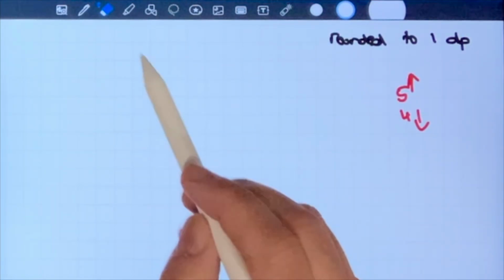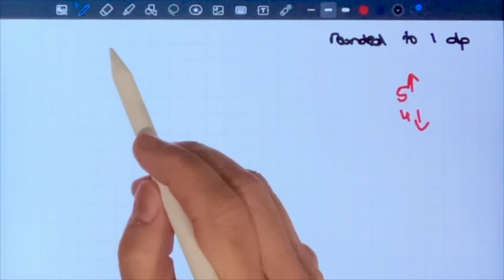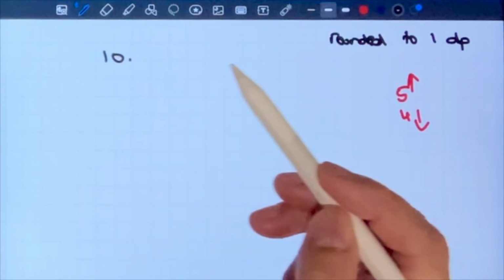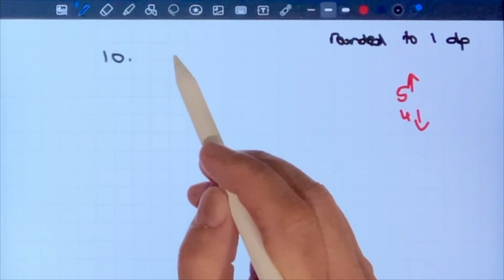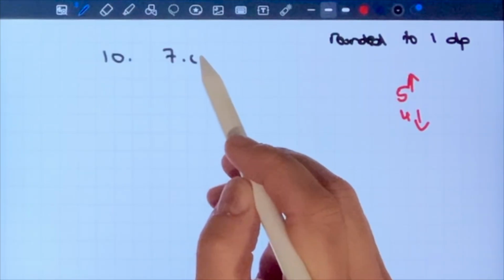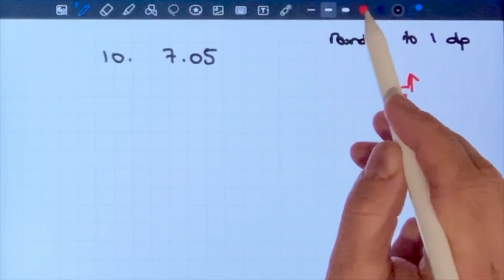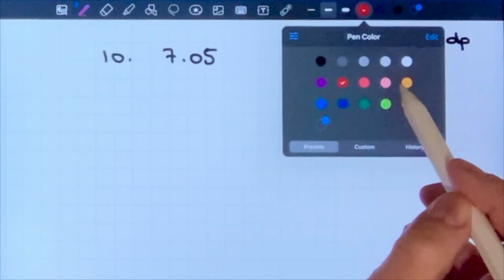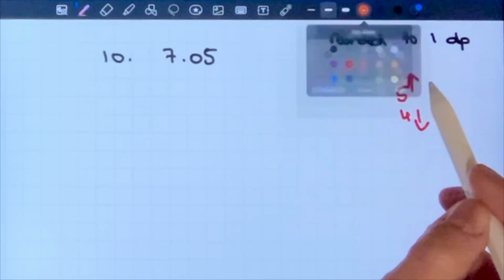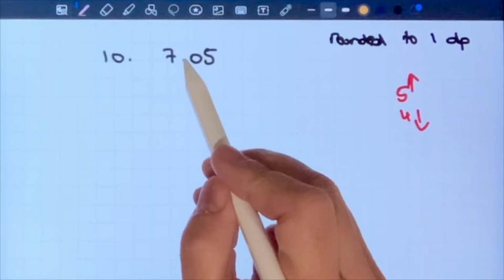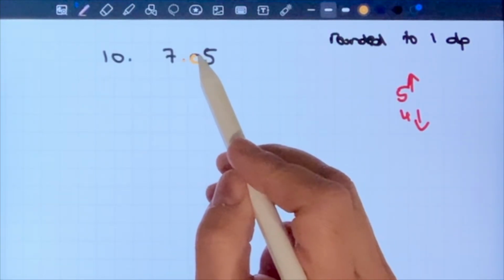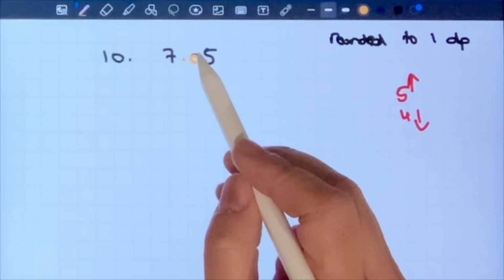And example number 10. Decimal. That is the digit that's been rounded up or down.